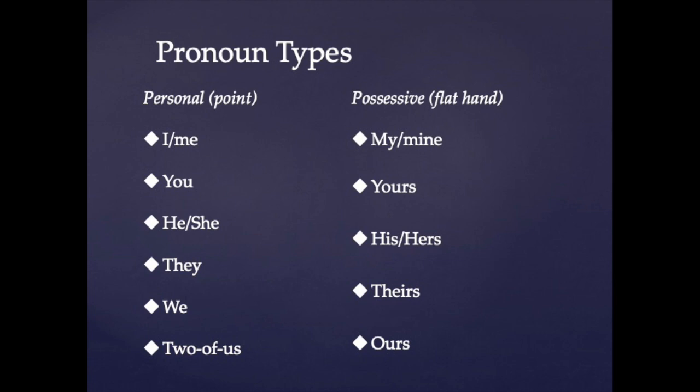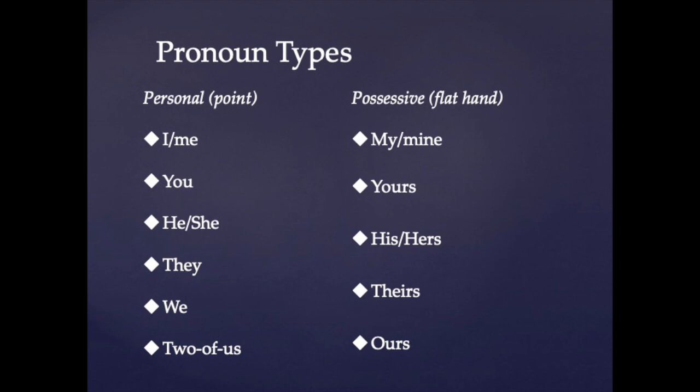These signs use a flat B hand shape instead of pointing with the index finger. For example, the sign I or me, we point to ourselves, but the sign my or mine is produced with a flat hand on the chest. Eye contact remains important for possessive pronouns.